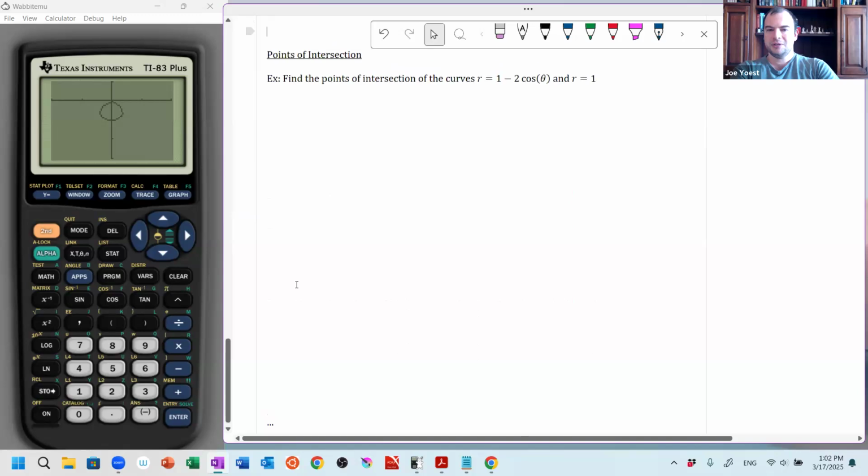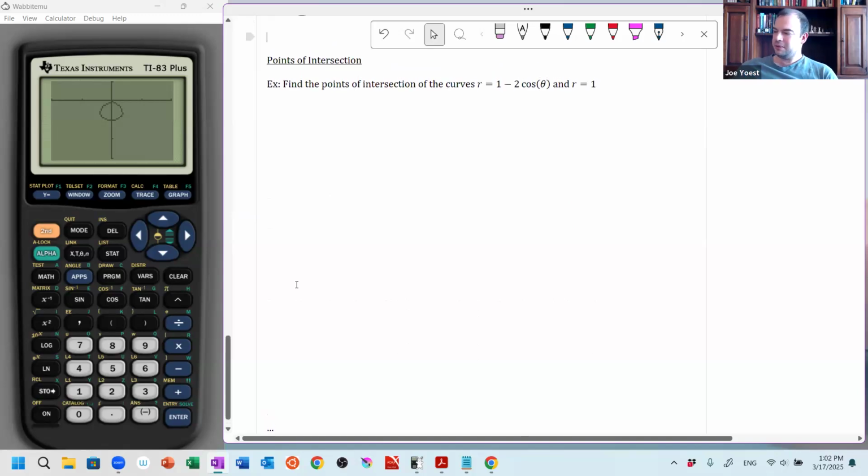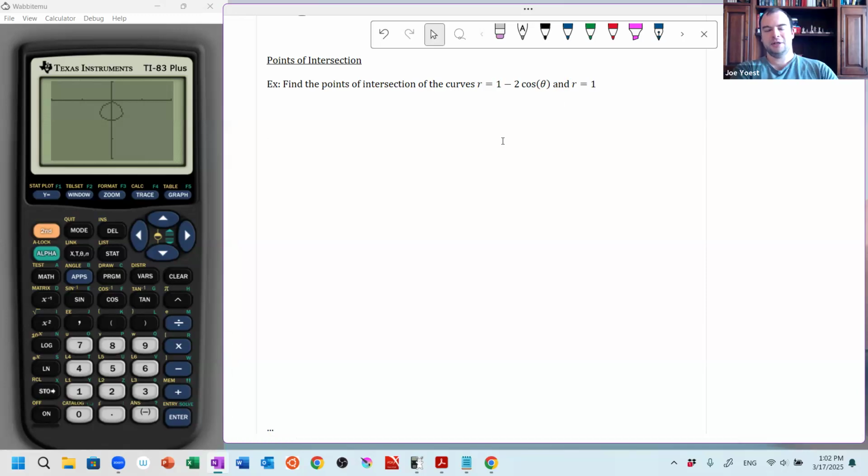Okay, and then let's look at this last problem on points of intersection. Let's try to find the points of intersection of these two curves, r equals 1 minus 2 cos theta and r equals 1. Well, r equals 1, not too bad of a curve, just a circle of radius 1.